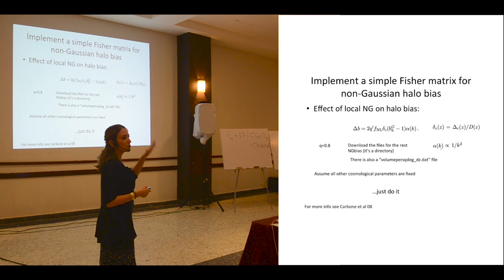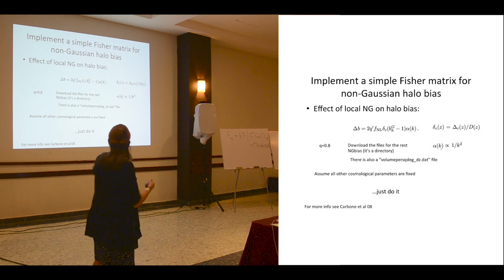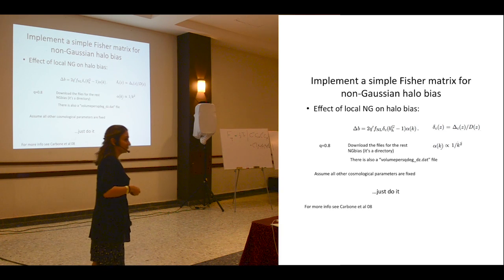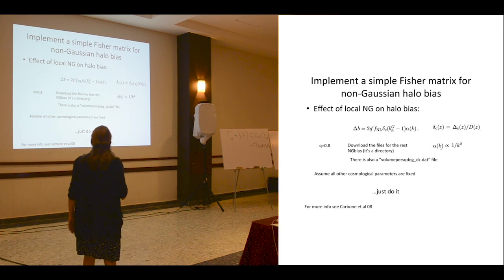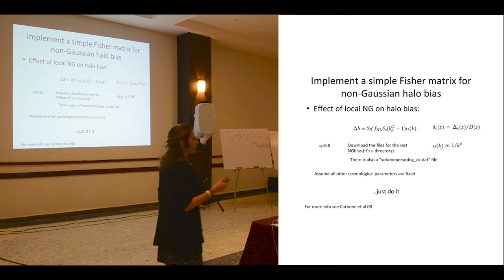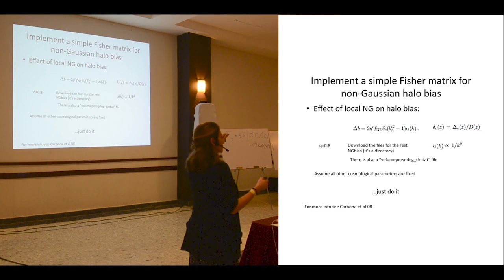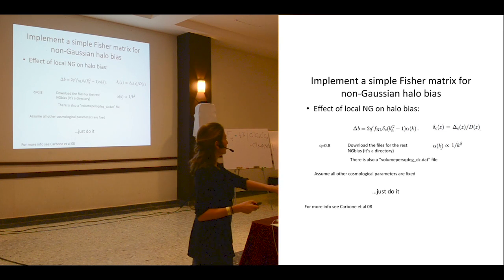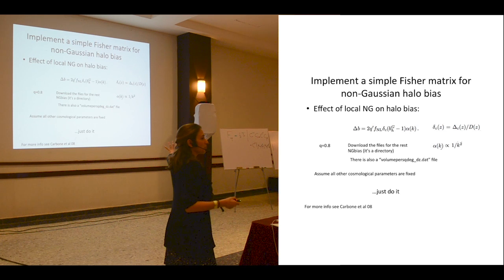For those of you who are not fans of non-Gaussianity, I just ask you to do a Fisher matrix for fNL. Recall that the bias is something that you square and multiply by the power spectrum. You say the underlying power spectrum of matter multiplied by bias squared gives me the power spectrum of what I observe.